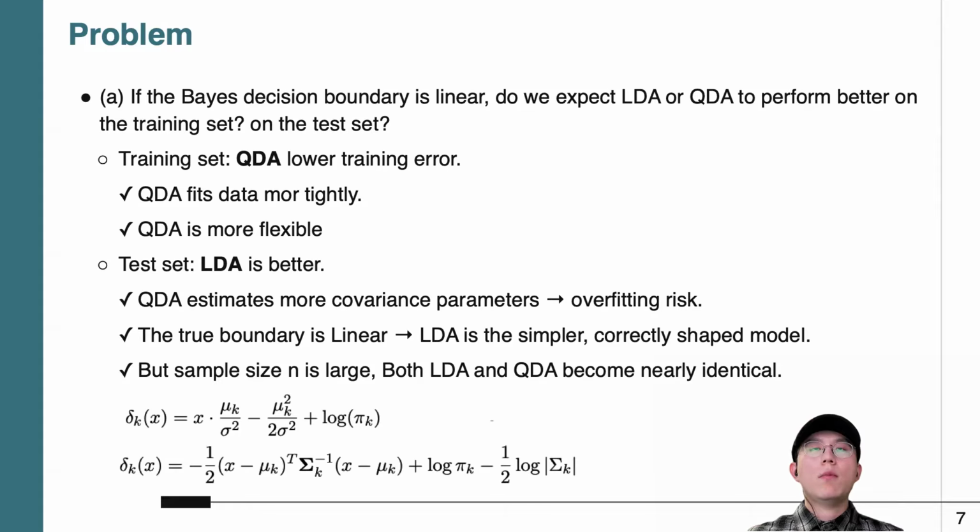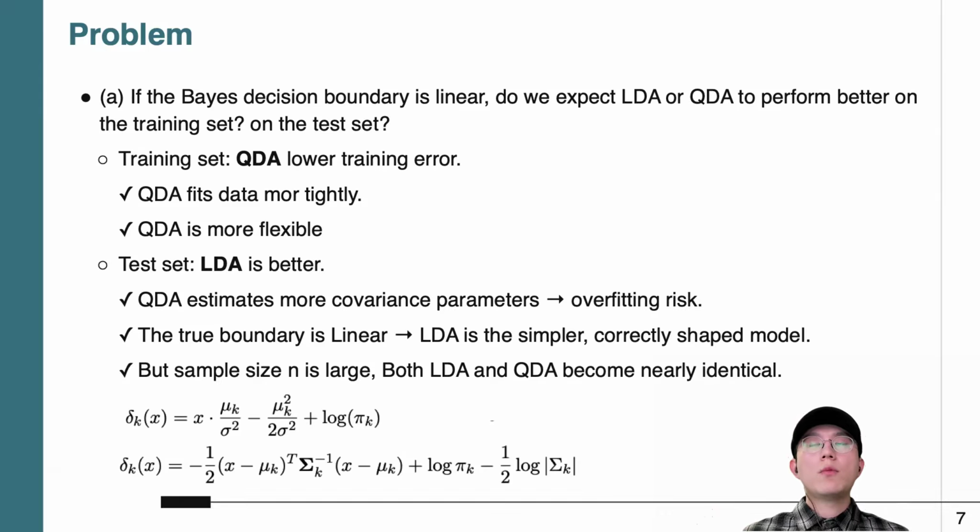So I said about train set and test set. On the train set, QDA usually achieves lower train error because it's more flexible and fits the data more tightly. But on the test set, LDA is typically better. Why?